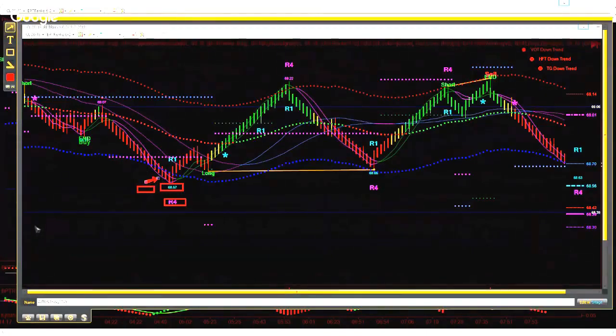This is an entry point. On the CL, you have an entry point. Entry is around the 69 level. You exit around 69.12 or 69.20, whatever makes you happy. This is an entry point right there.